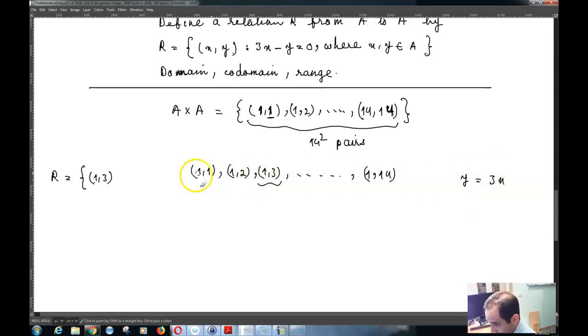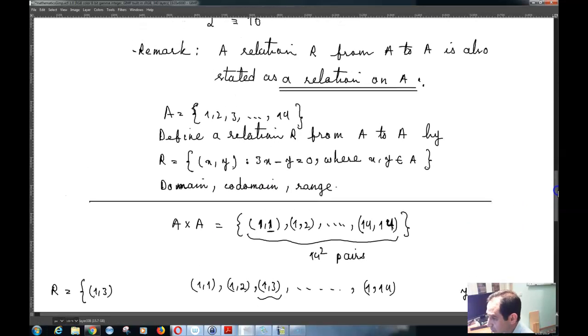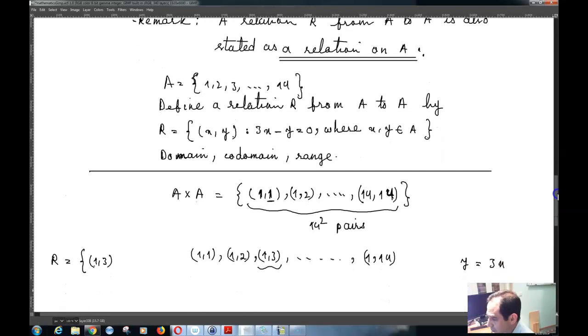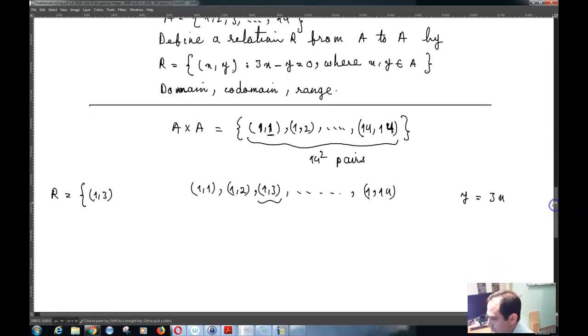Then in the second round, you need to start from your pair. The sets that you have are A, which is 1, 2, 3, and all the way up to 14.